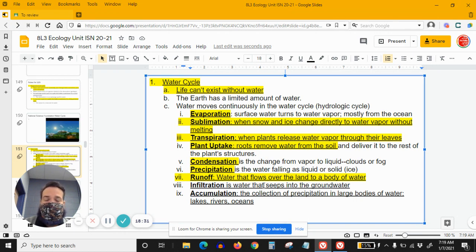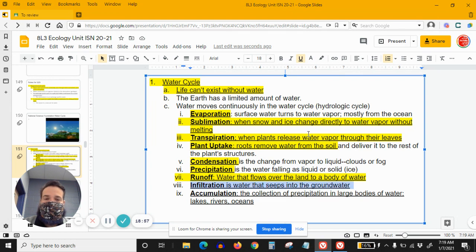And one of the problems with runoff is it can carry pollution with it. So if it rains really hard and fast on your yard after you fertilize the grass, then it's going to carry that fertilizer with it, and that can cause problems in lakes and streams called algal blooms. We'll talk about those later.